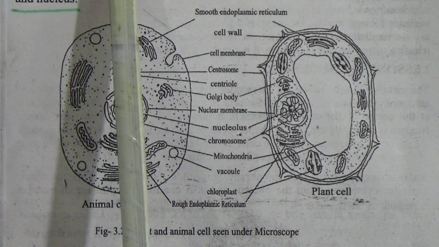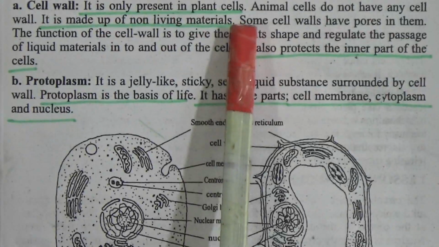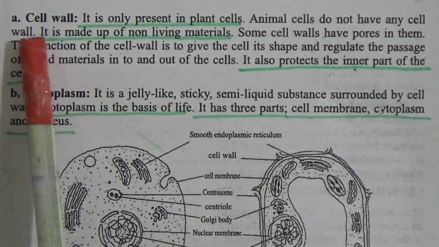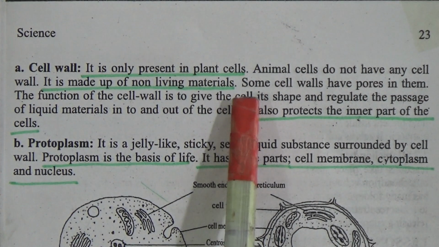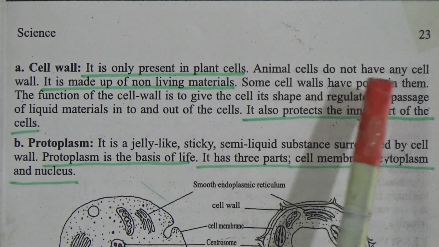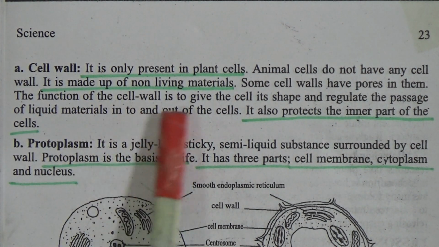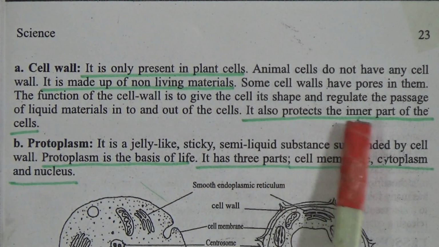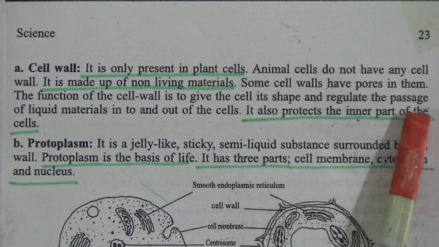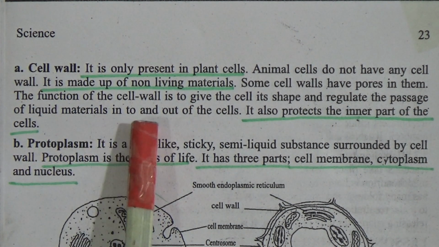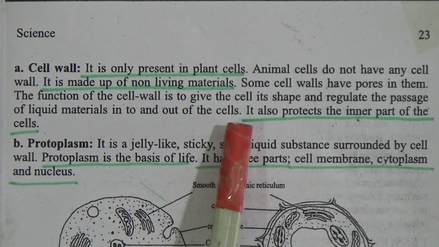Cell wall is only present in the plant cell. Animal cells do not have any cell wall. It is made up of non-living materials. Some cells have walls, and walls have pores in them. The function of the cell wall is to give the cell its shape and regulate the passage of liquid materials into and out of the cell.